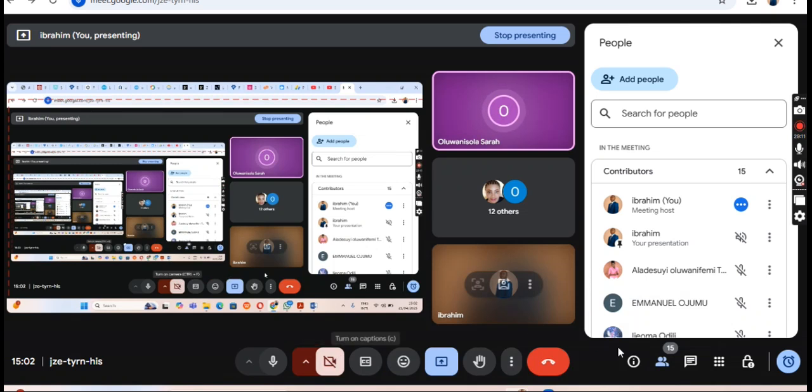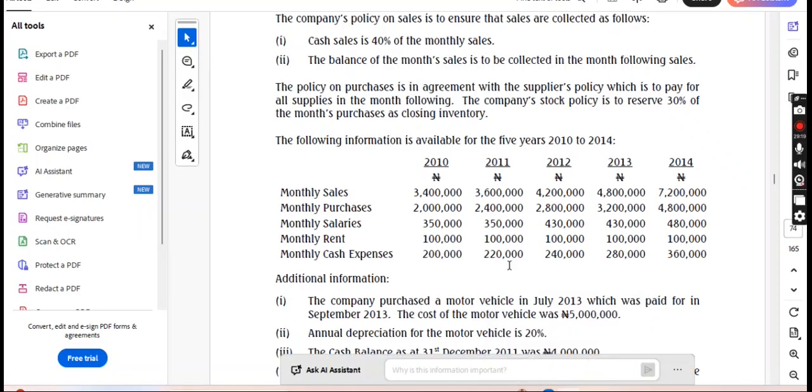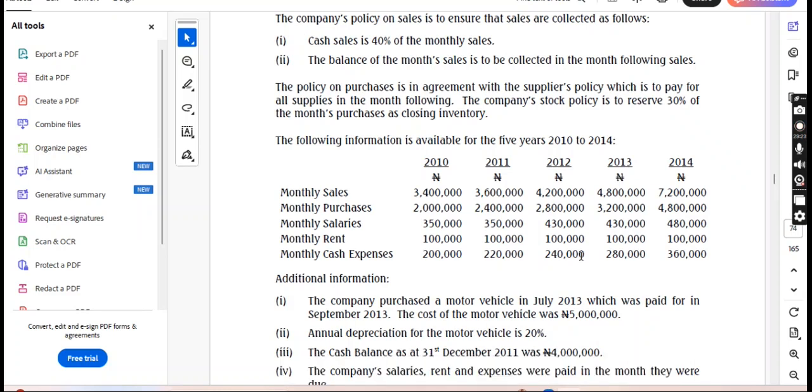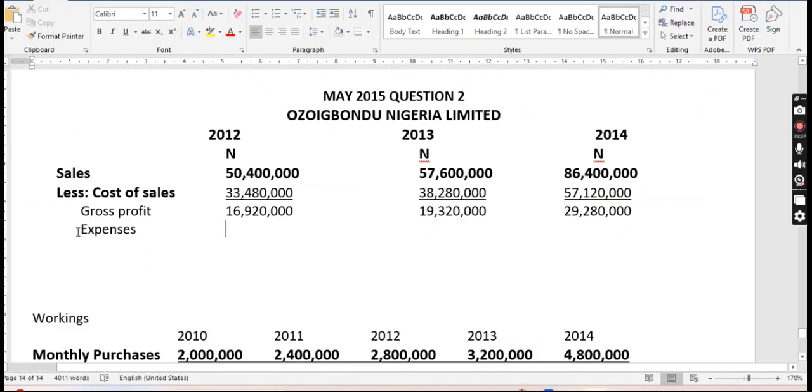The first one is 28,800,000. Is it 28 million? Sir, is it cash expenses? Yes, it's the monthly cash expenses you pay out. Sorry, 2,880,000.